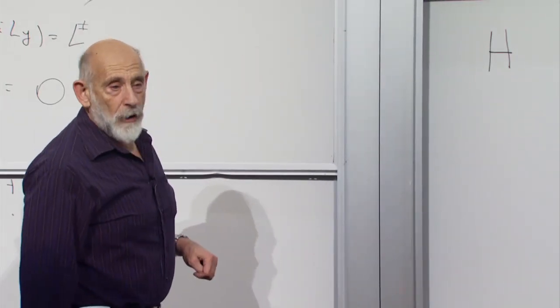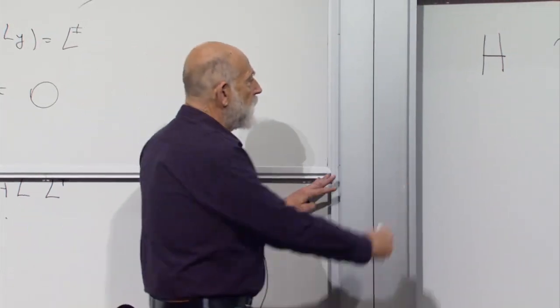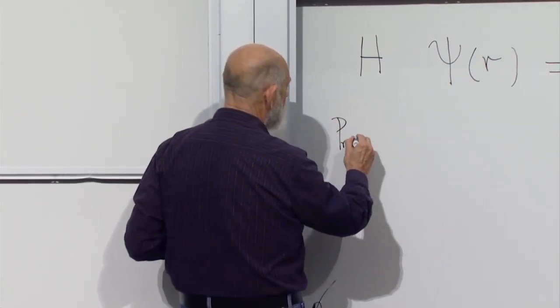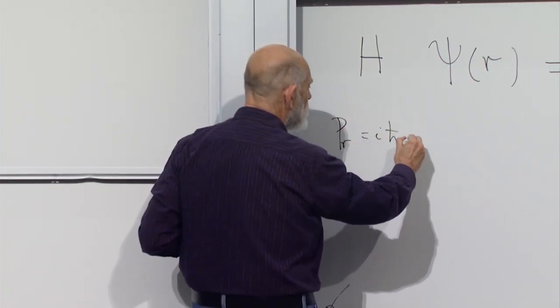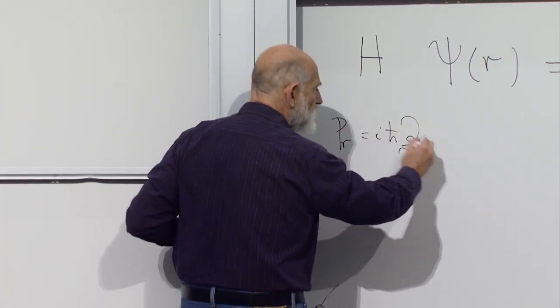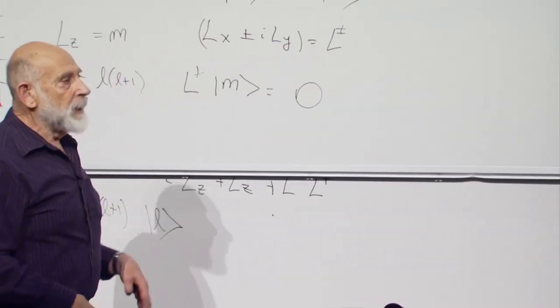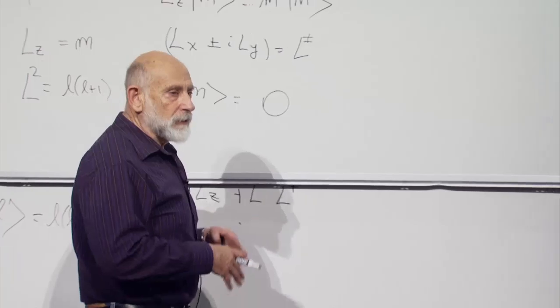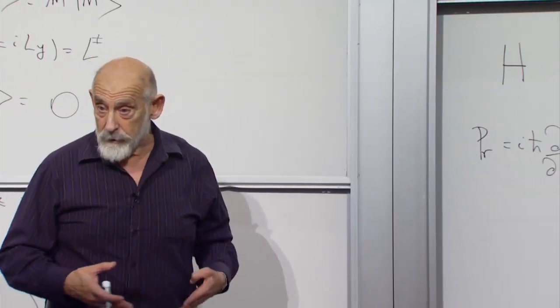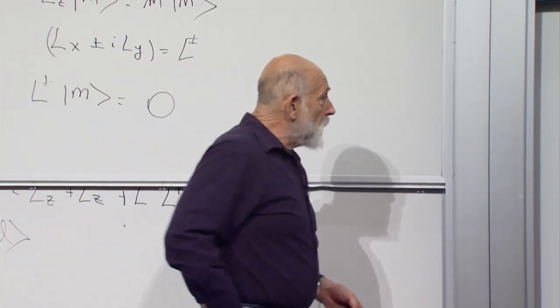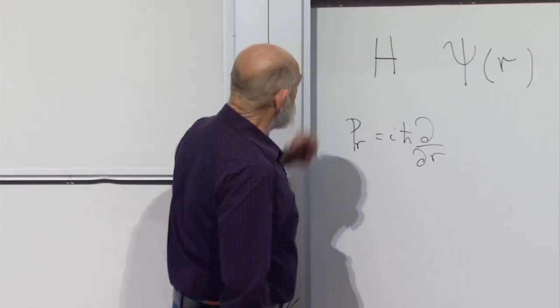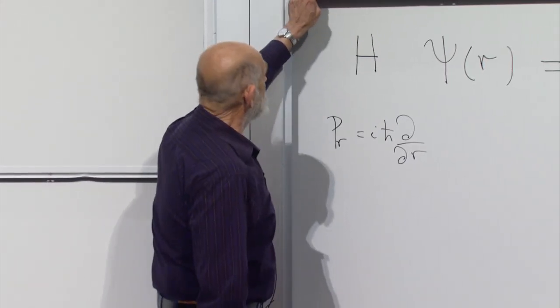H begins with P_r squared. What is P_r? P_r is, of course, minus i h bar d by dr. As always, in quantum mechanics, a component of the momentum is minus i h bar times the derivative with respect to the corresponding coordinate. So, here's P_r squared.